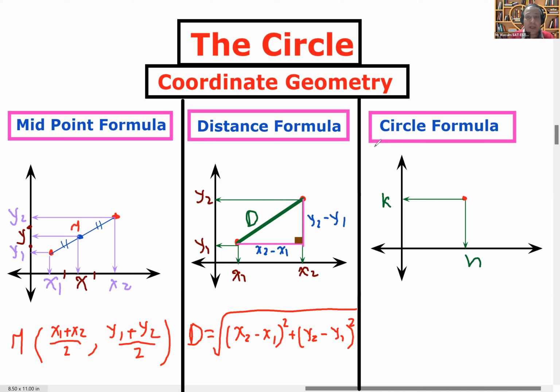Then make a circle with radius r. Any point in the coordinate system has x and y. So a point on the circle is x and y, but the center is h and k.